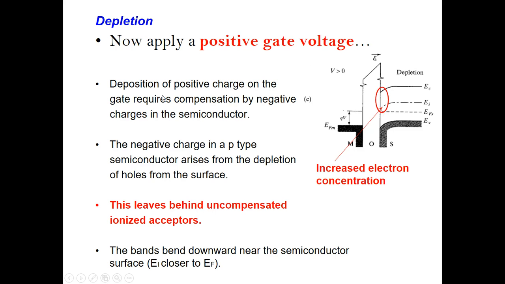So we can say that the deposition of positive charge on the gate requires compensation by negative charges in the semiconductor. The negative charge in a p-type semiconductor arises from the depletion of holes from the surface. So the holes from the surface are depleted, and due to that there are uncompensated acceptor ions, which have negative charge.